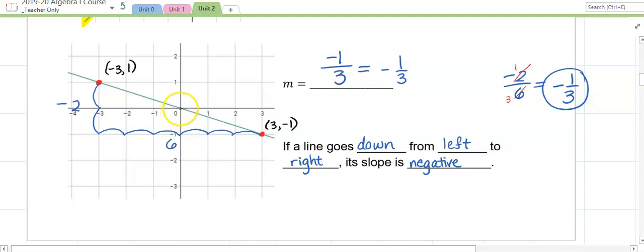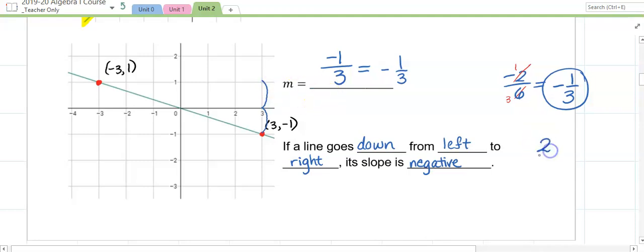It's nice to pick points that are closer together, like we did in the beginning, because then there's no reducing required. However, if you do, it's not a problem. It'll still work. Also, I want to discuss what happens if you start with this point on the right and go towards this point on the left. What if we start here? We'd have to go up 1, 2.